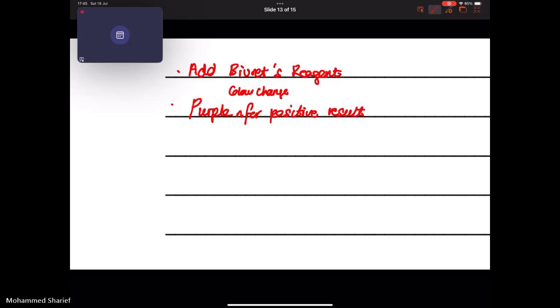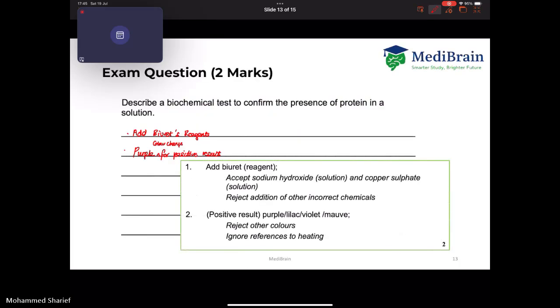Showing you the mark scheme, add biuret, and a positive result will show purple, lilac, violet or mauve. We looked at this at GCSE, I believe. But again, keep it simple: biuret, purple.